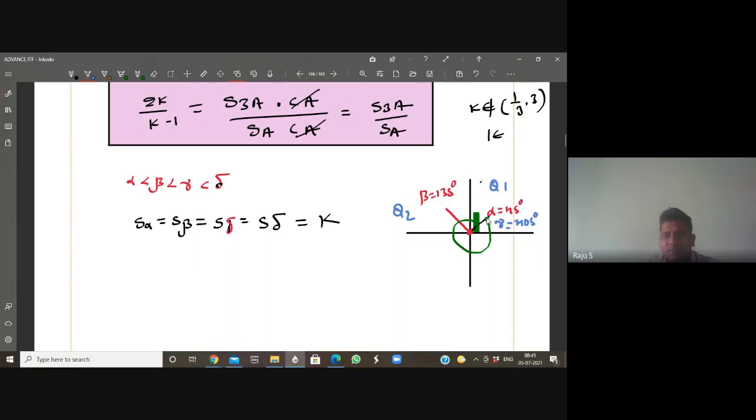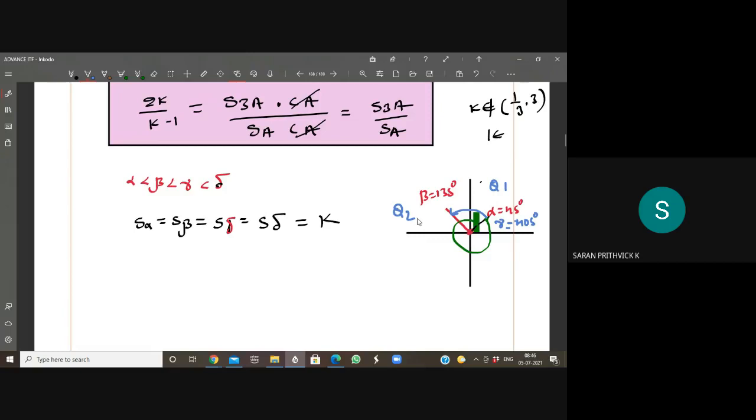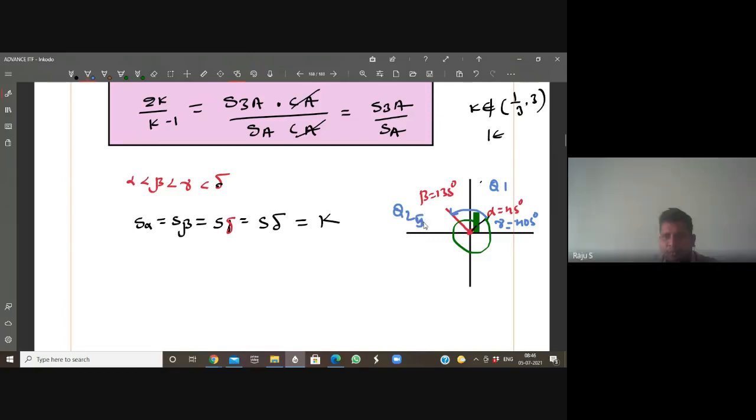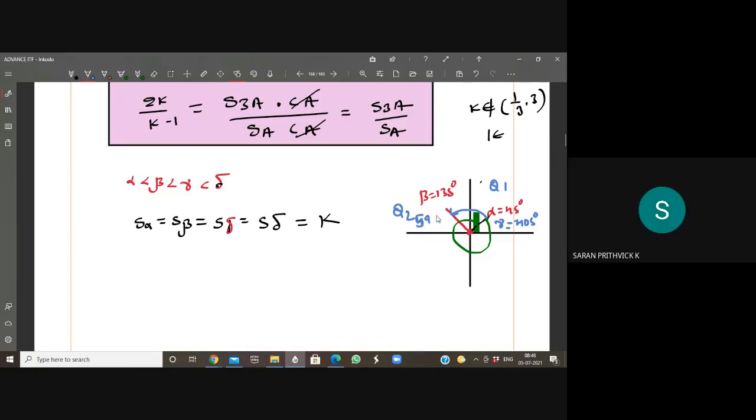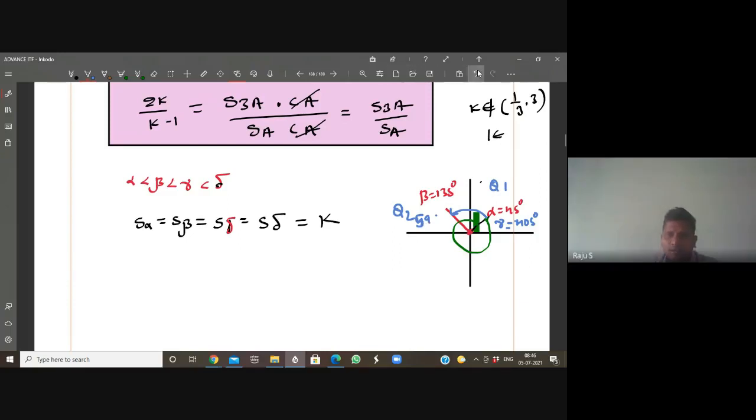Then 360 plus 135 is 495. Yes, gamma is 405, delta is 495 degrees. Yes, we can take. What do you observe here?